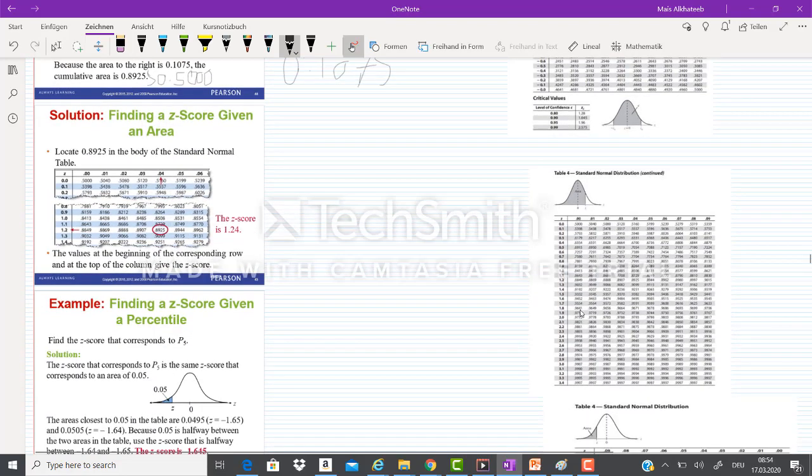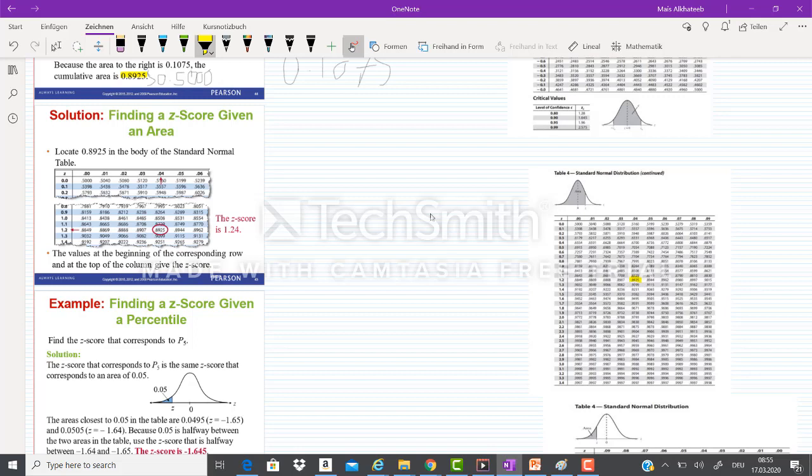In the positive table, I want to search for this point, 0.8925. I find it.